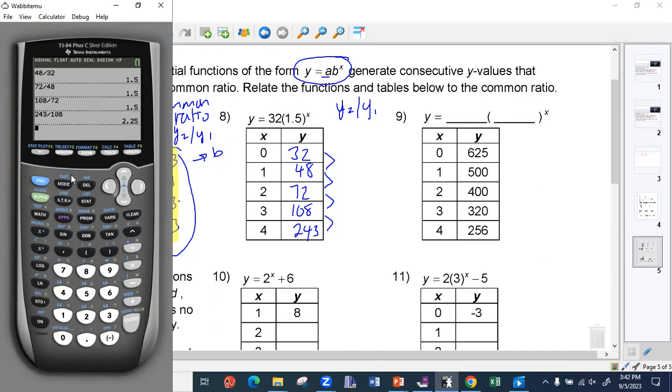I did not get 1.5. Oh, I skipped a whole number. It's 162. Yeah, there we go. I was like, wait, that didn't feel right. 162. Yes.